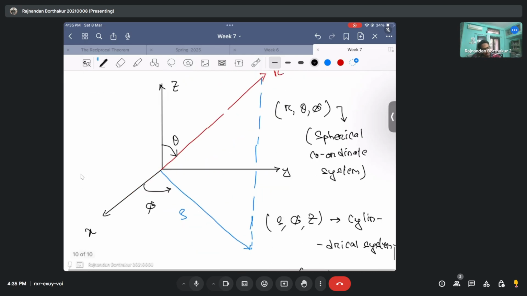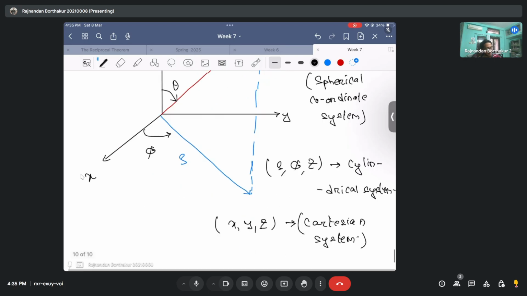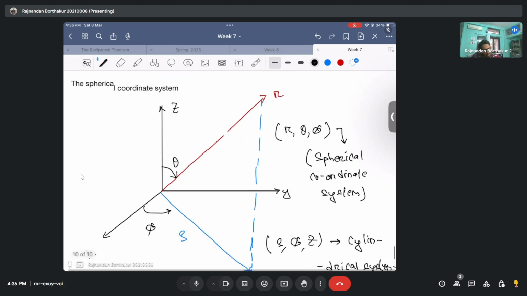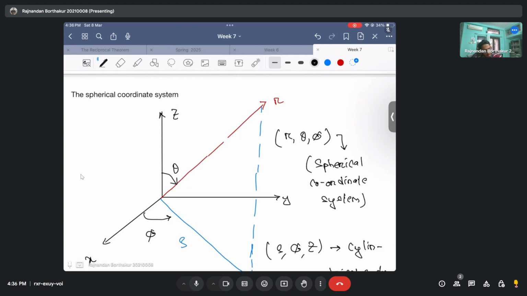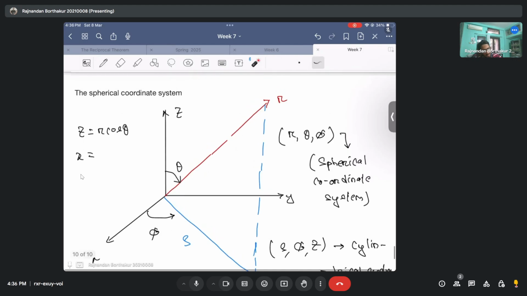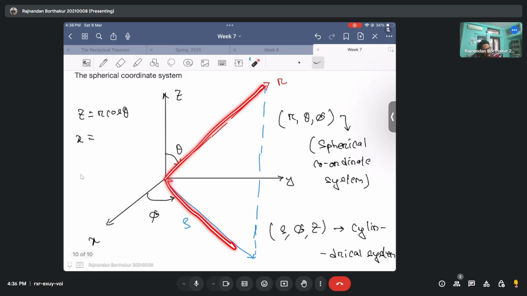Now we can straight away derive certain relationships between the spherical and the Cartesian coordinate systems. From this figure itself, I can say that my z is just r cos theta, because this is theta and this is r. Then x: if this is r, this becomes r sine theta, and then x becomes r sine theta cos phi.